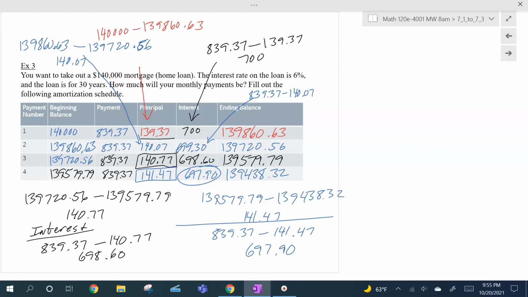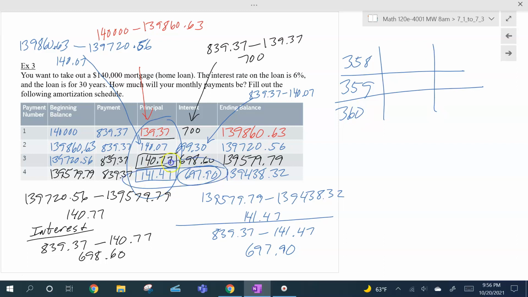And note, the principal, see how these numbers are going up? I know we've only made 4 months worth of payments, but if you were to look at your 358th payment, your 359th payment, and your 360th payment, these numbers will flip-flop, right?